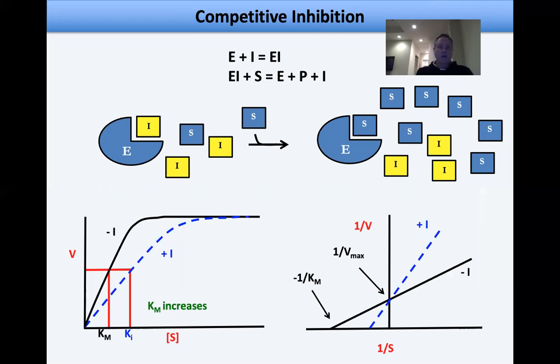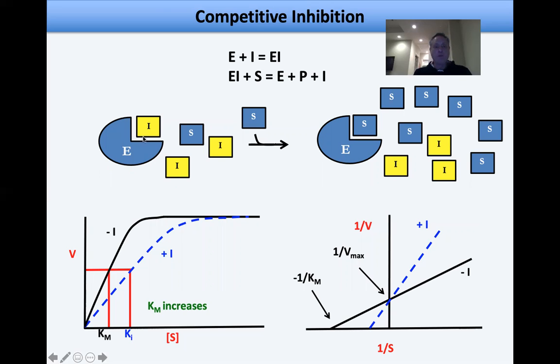What we have is an enzyme plus an inhibitor giving us an EI complex. Then EI plus the substrate can ultimately compete out the inhibitor. As we add more substrate, we ultimately restore the maximal velocity, which means that competitive inhibition by definition must be reversible.